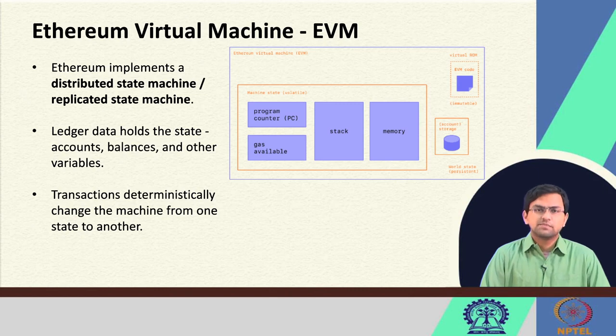Another important point is that these state changes must be deterministic, because remember, unlike traditional programs, these smart contracts are not being executed by one process. Instead they are being executed independently by multiple participants of the blockchain network. Therefore if the execution of a contract is not deterministic, then the result of that execution might vary across different participants.